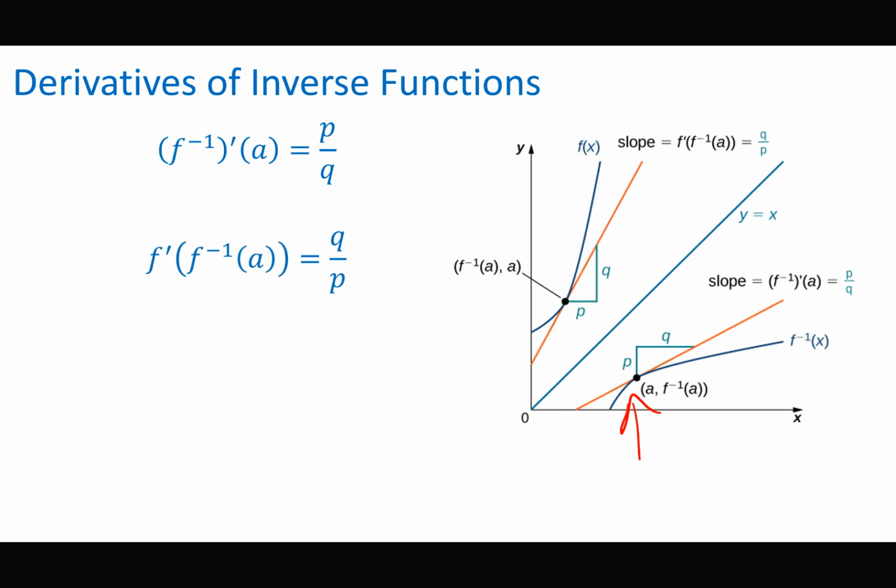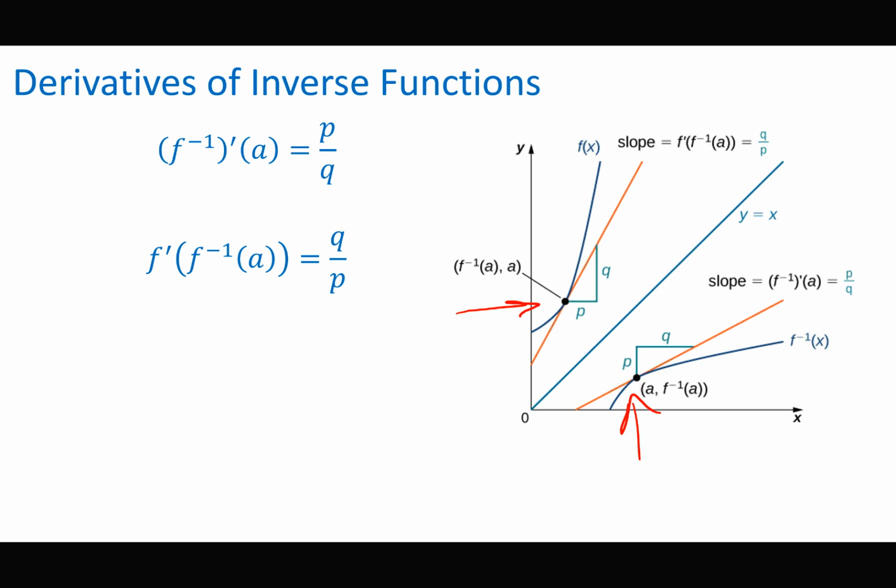Okay, now if I want to find the derivative of f inverse of A, so now my input is over here. So I'm not looking at A, I'm looking at f inverse of A. So essentially my xy coordinates have switched.